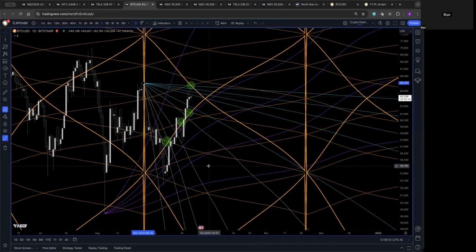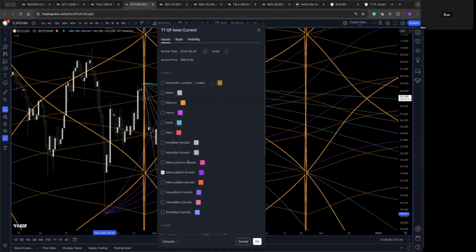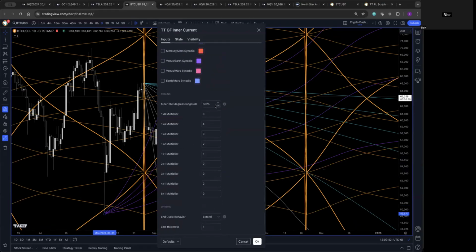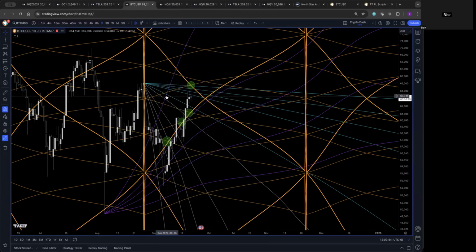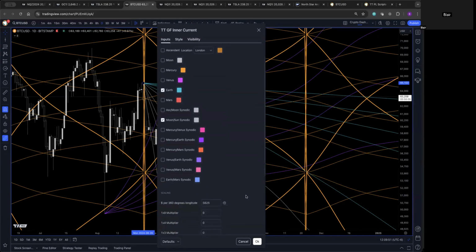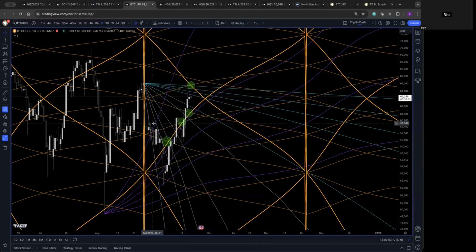And we've got a couple of Gann fans here. Look at these lovely Gann fans. This one is anchored to the flush low in early August. That's Mercury Earth synodic, and that's scaled at 5625. And this one is Earth and Moon Sun synodic, scaled at 5625 as well.